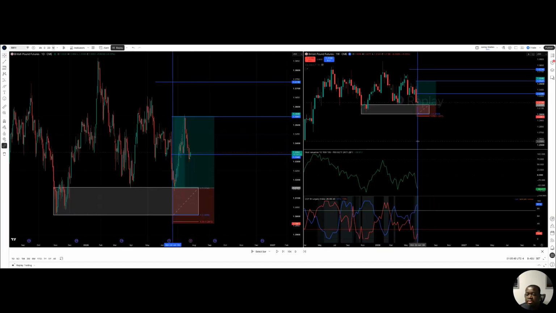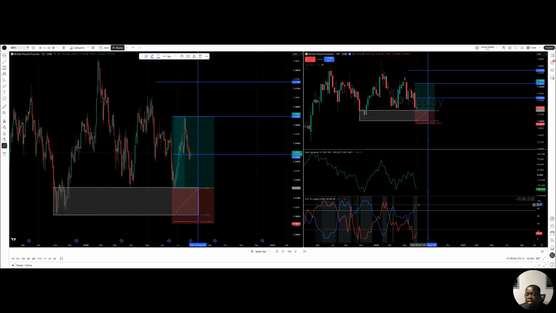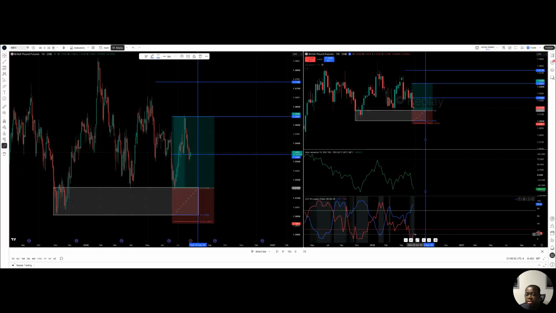At the time before entering this trade, the commercials right here, which is the blue line, were in the extreme buy side, and the retailers were in the extreme sell side. So that gave me a signal that it's looking to go on the buy side.